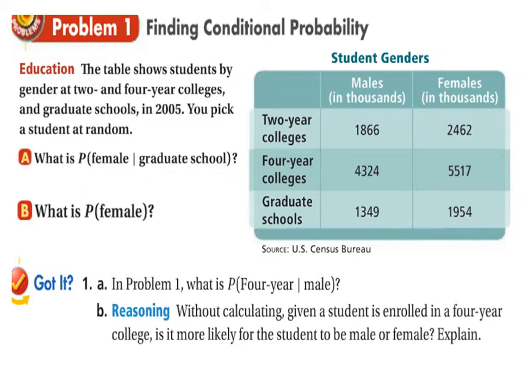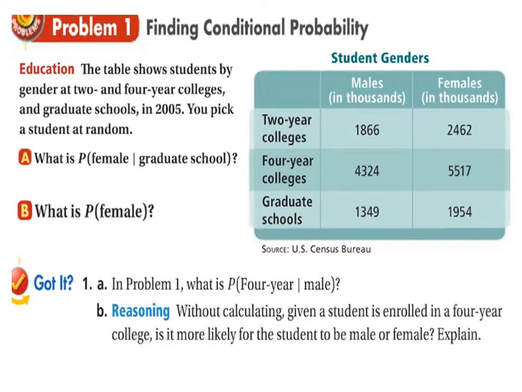So we've got all that information: 2-year colleges, 4-year colleges, graduate schools, males, females, and of course our source is the U.S. Census Bureau. These numbers are in the thousands, so add 3 zeros to those numbers. But anyway, we look at just this bottom row. Other than that, it's a regular probability.